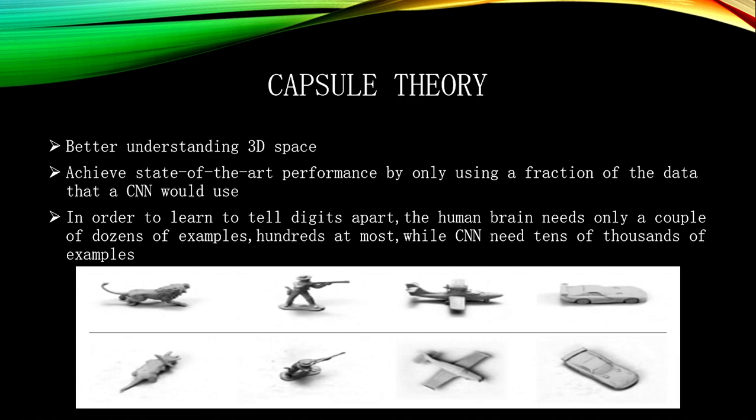It gives better understanding of 3D space and achieves state-of-the-art performance using only a fraction of the data a CNN would use. To learn to tell digits apart, the human brain needs only a couple of dozen examples, hundreds at most, while a CNN needs tens of thousands of examples.